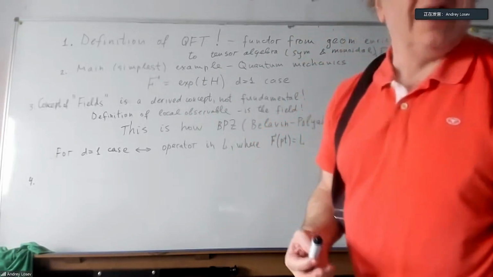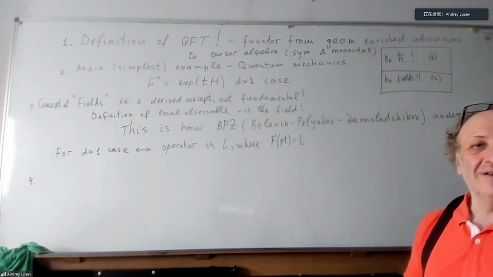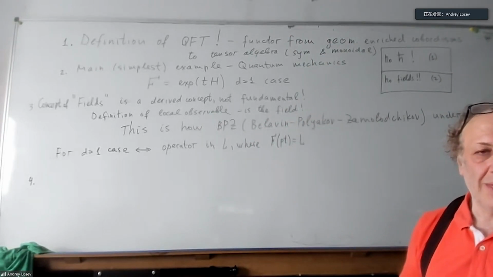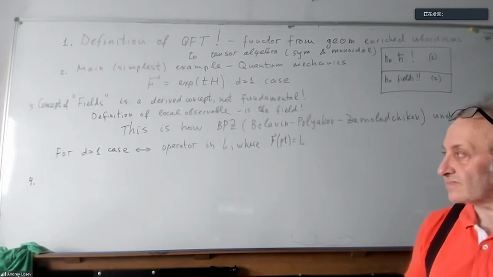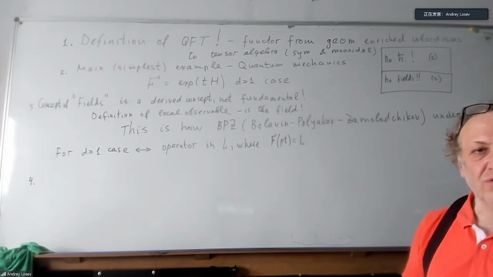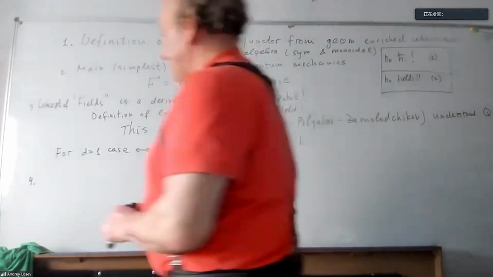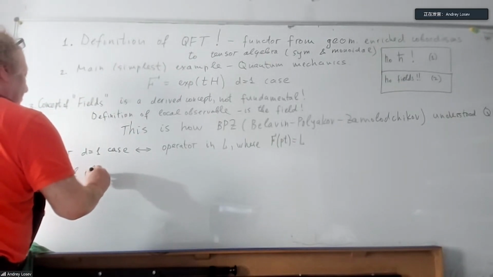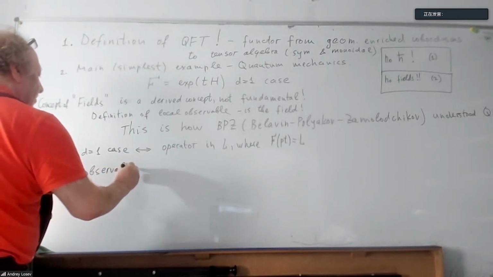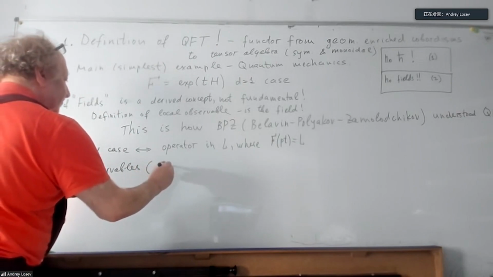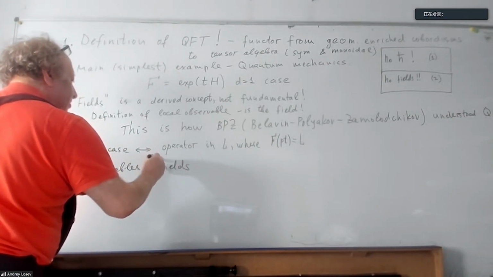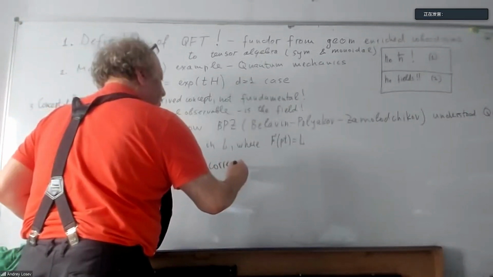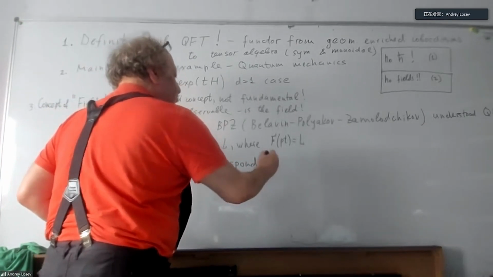The question is how to construct QFT if the dimension of the space-time is greater than 1. And here I told you the following. Local observables, so-called fields, correspond to deformation.